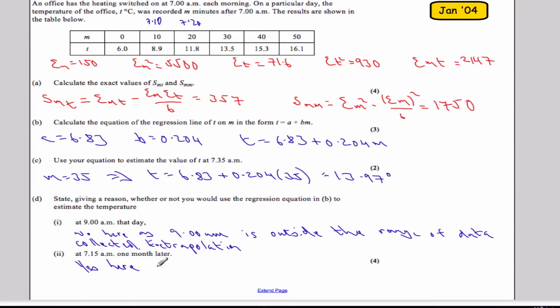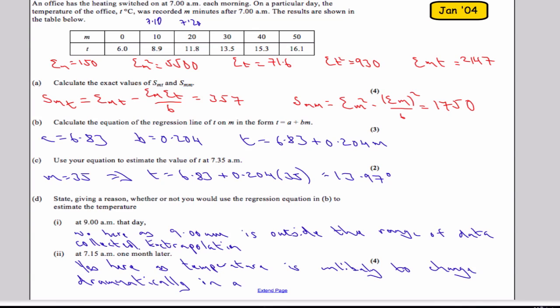Here, as it would be interpolation, because it's inside the range of data, and the temperature is unlikely to change dramatically in a month. So that should be okay for our 4 marks.